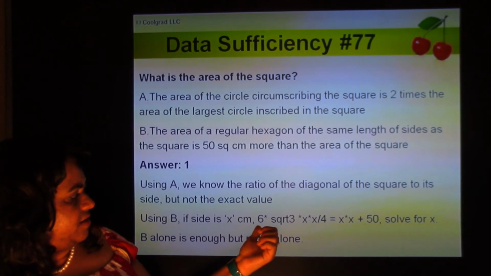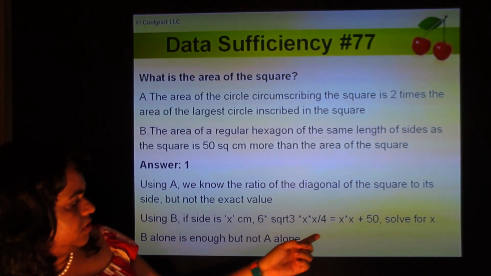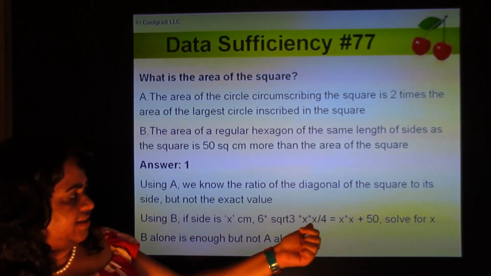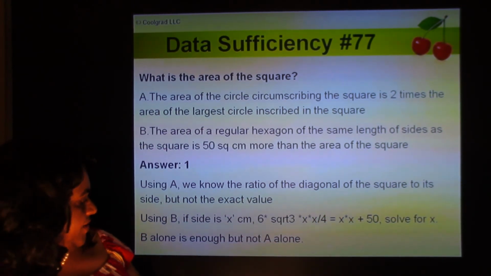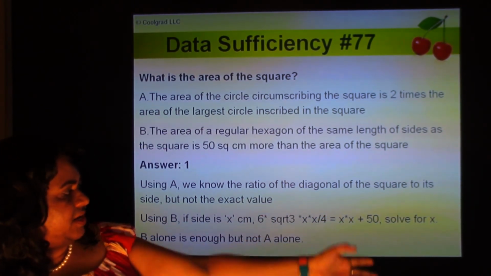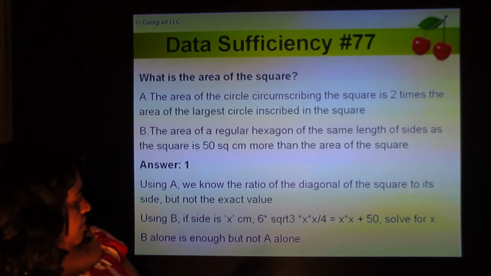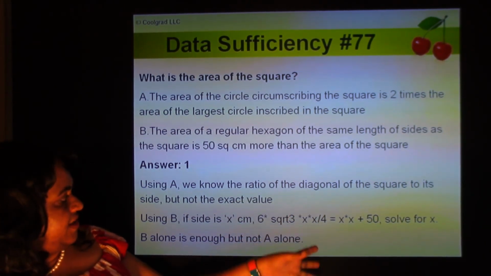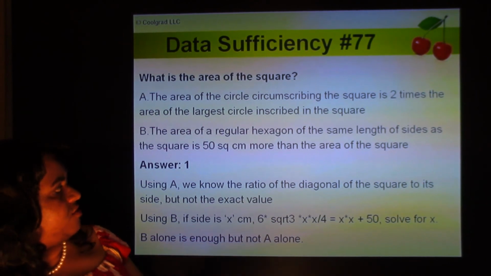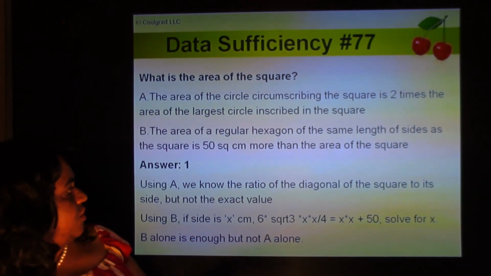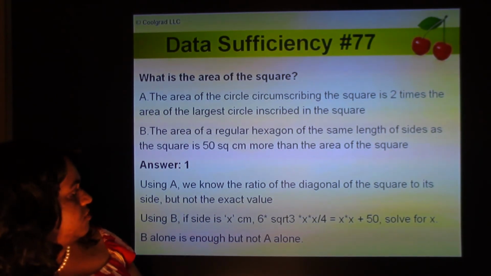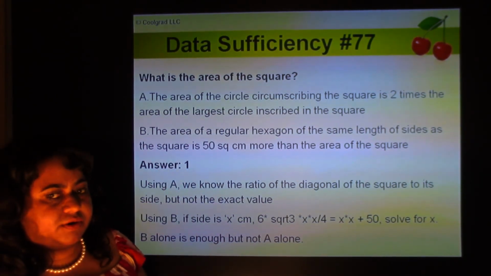So 6 times that is the area of the hexagon, which is equal to the area of the square, x squared, plus 50. Solve for x. So using this we can clearly solve for x. So B alone is enough. Using statement B alone we can solve for the area of the square, but not using A alone. So pick option 1.